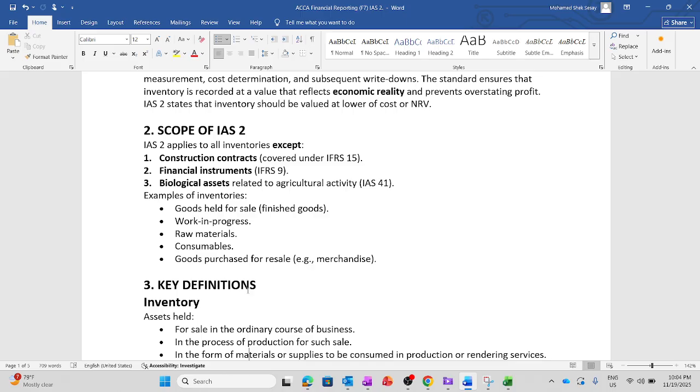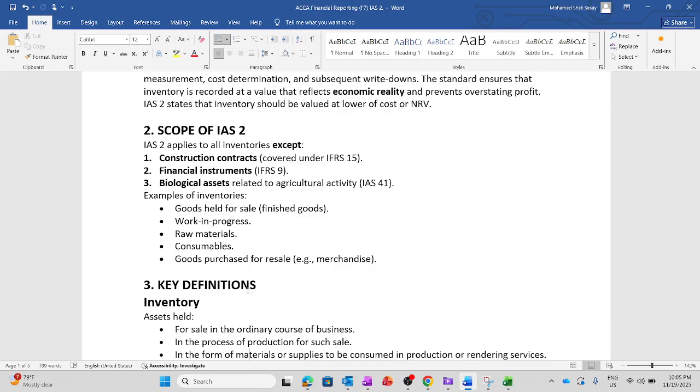Also, I talked about financial instruments. For instance, bank loans and bank securities. We can't use IAS 2 to account for them. Instead, we use IFRS 9, financial instruments, to account for the financial assets as well as the financial liabilities.